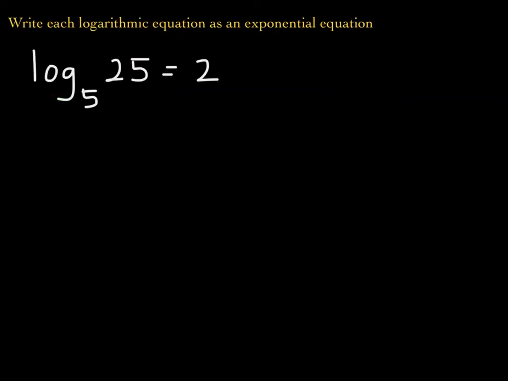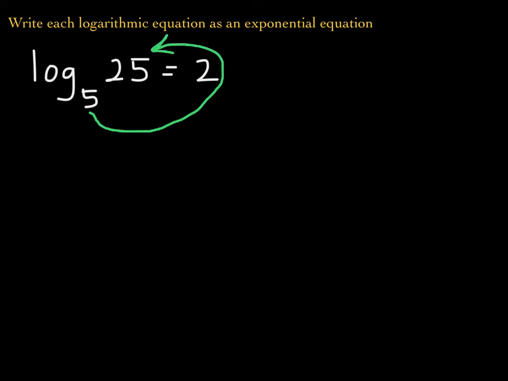All right, so what we're going to do is take this logarithmic equation and rewrite it as an exponential equation. Now notice that your base is 5, your argument is 25, and this is your exponent. What I like to tell my students to do is this little tail trick. Take your base, raise it to this power, and then you will get this number.